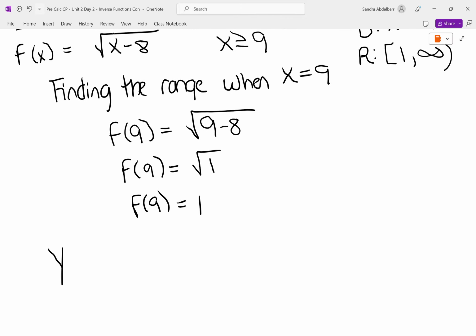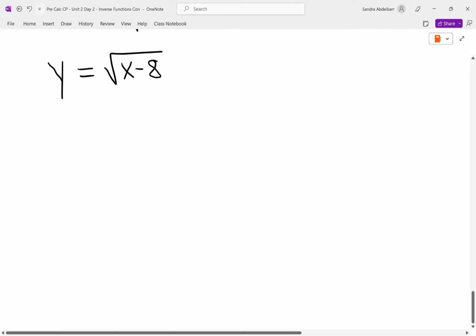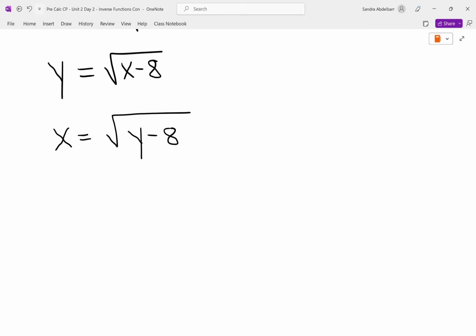So I'm going to say y equals the root of x minus 8. We're going to switch x and y. So x equals the root of y minus 8. I now need to solve for y. How do I get rid of a square root? Luke? Square both sides.